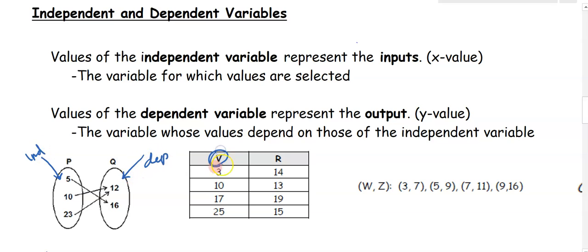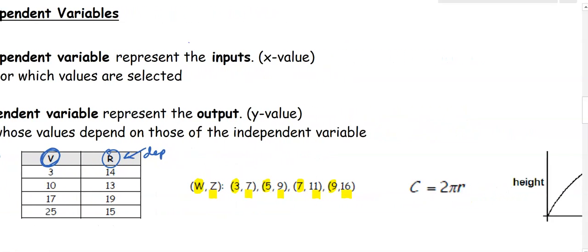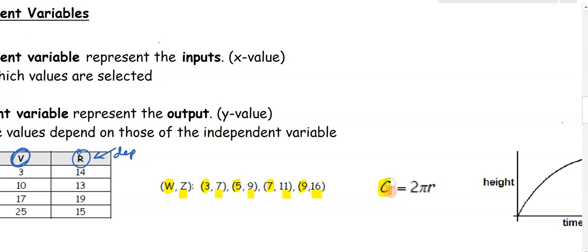In a table of values, your independent always comes first, and your dependent is always the second part of your table of values. Same thing with ordered pairs. The input, the yellow, are all your independent. The output, right, what you get is all your dependent. In an equation, your output, the circumference of a circle, depends on the radius.